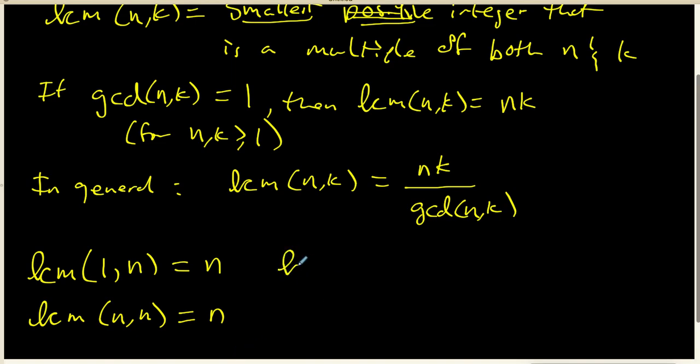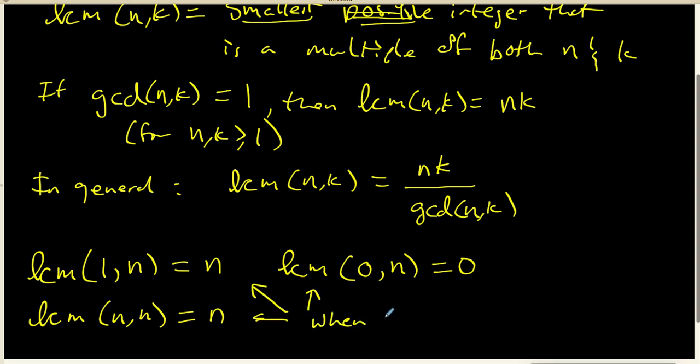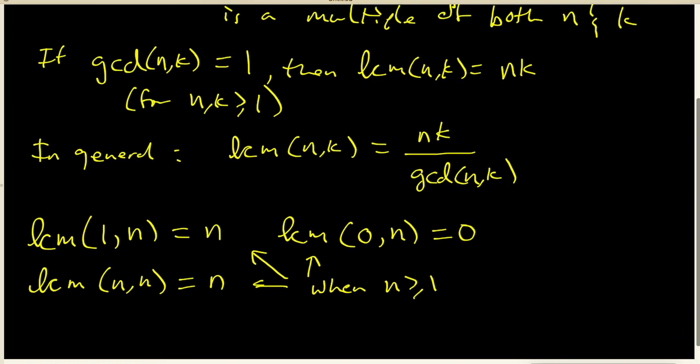And the LCM of 0 and any integer is going to be 0 because 0 times n is equal to 0 and 0 times 0 is equal to 0. These facts are all, again, for n being at least as big as 1. And that ends the basic review of our number theory facts.